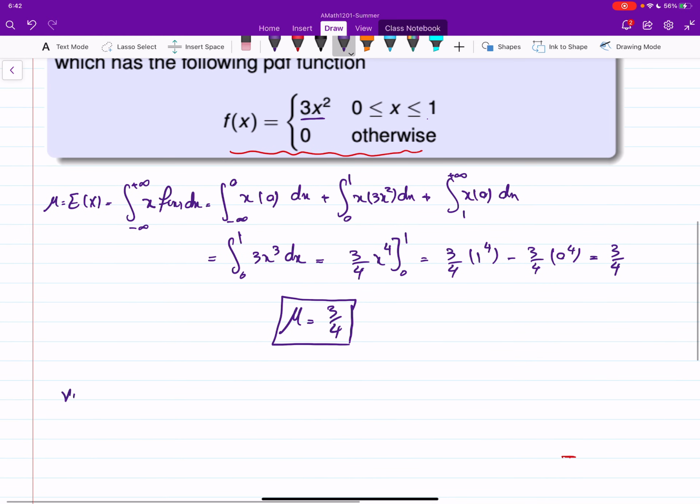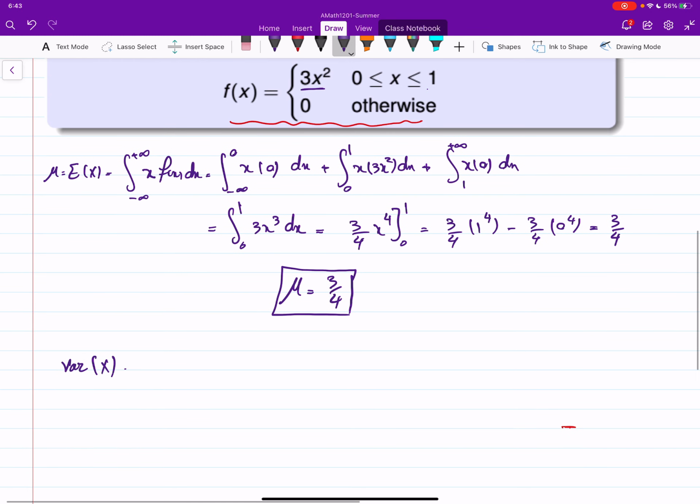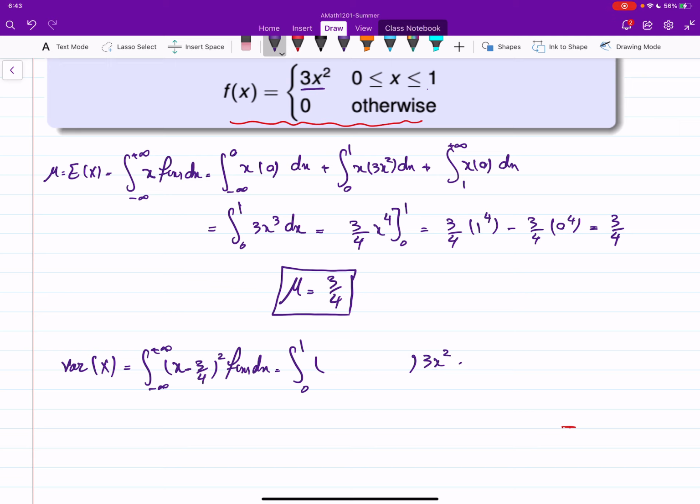How about variance? Let's use both cases. I'll go from negative infinity to plus infinity of x minus mu squared times f of x dx. With a similar argument to the one above, this can be turned into the integral from 0 to 1, where the function on that interval is 3x squared.